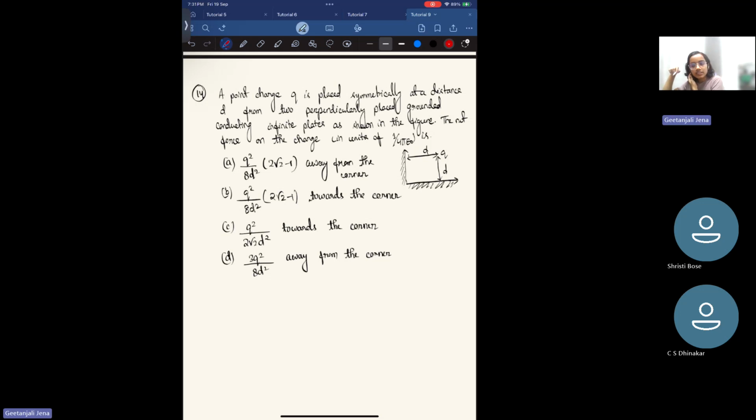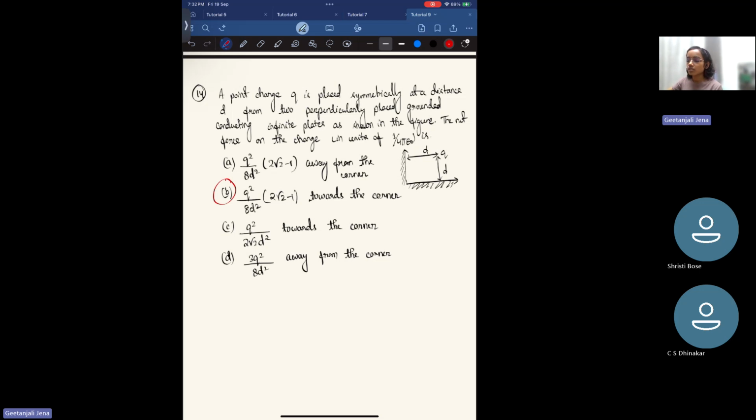Okay, question number 14. It's similar to what we have seen before, so let me skip it. Please solve it and let me know whether you are getting the right answer or not. For this question, the answer would be option B. There is a charge q at a distance d from two perpendicular planes.